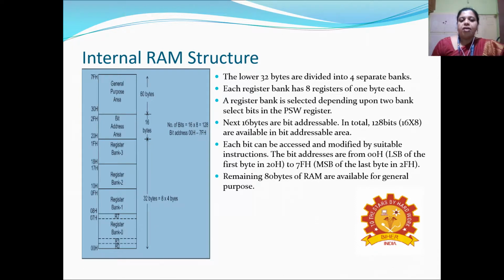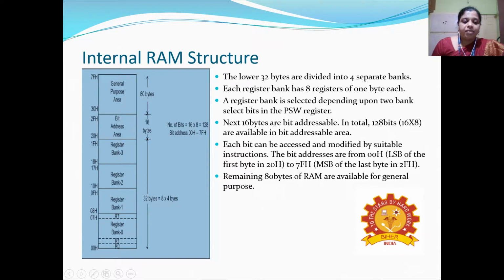So next we'll see the memory organization, that is how the RAM and ROM are organized. This is the picture depicting the internal RAM structure. In that we have 128 bytes. How it is split up: first we have register banks 0, 1, 2, 3. For bank 0, the address is 00 to 07. For bank 1, it's going to be 08 to 0F, and then 10 to 17, and then 18 to 1F.